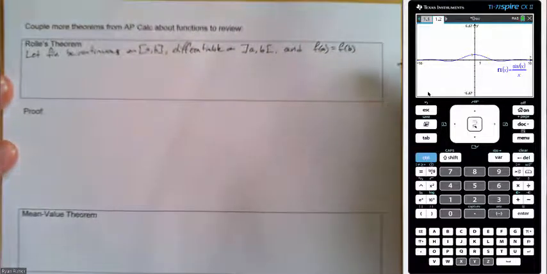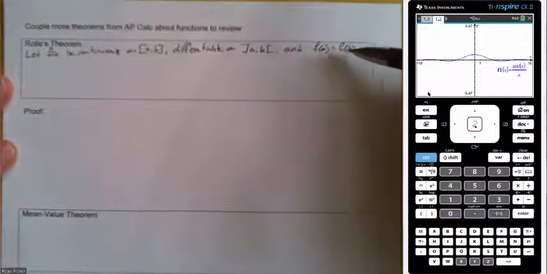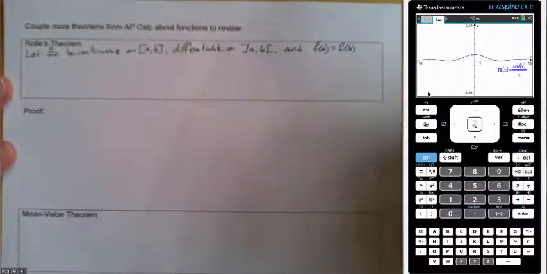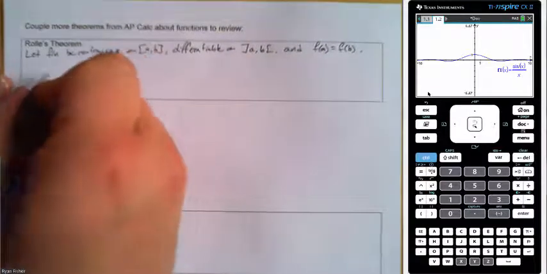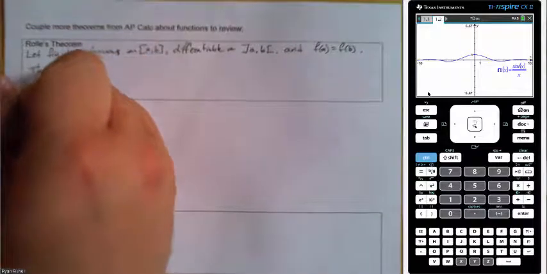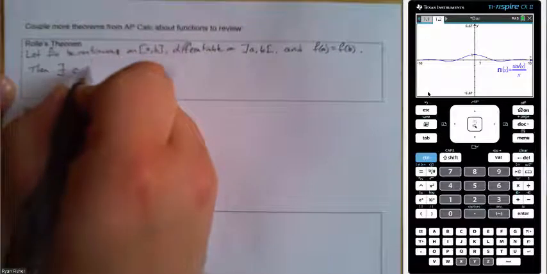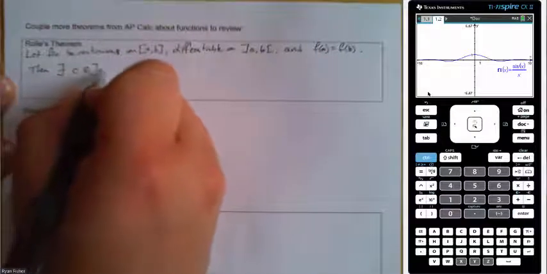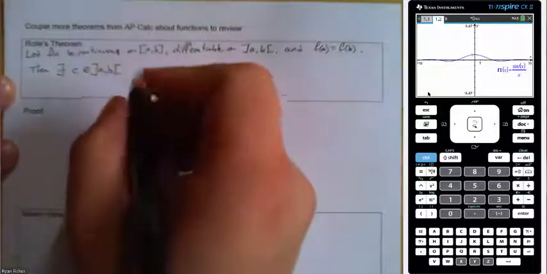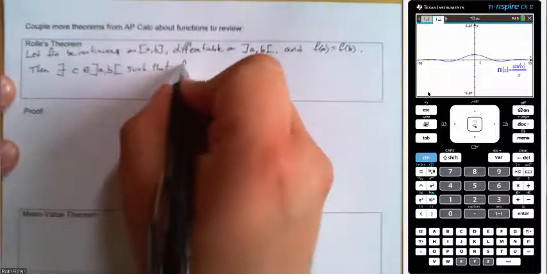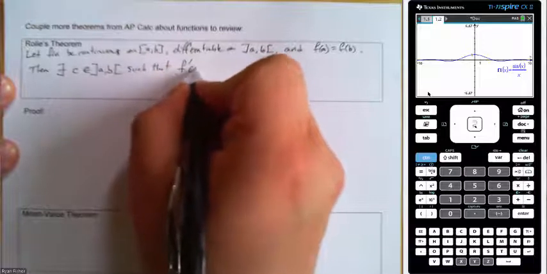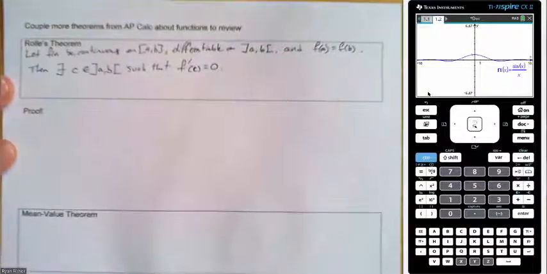This means that you could translate these down so that they're both equal to 0, but more generally the endpoints just need to have the same output. With this, the theorem then says there must exist some c in the open interval, some c in the middle, such that the derivative at c is equal to 0.